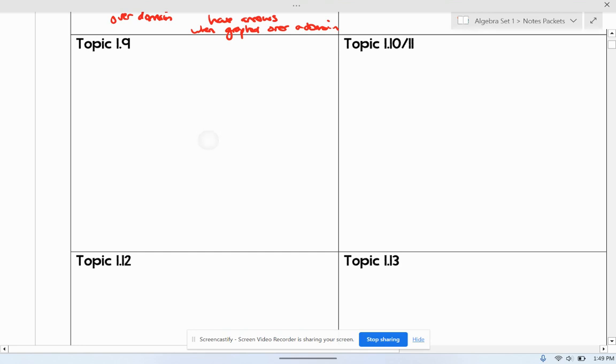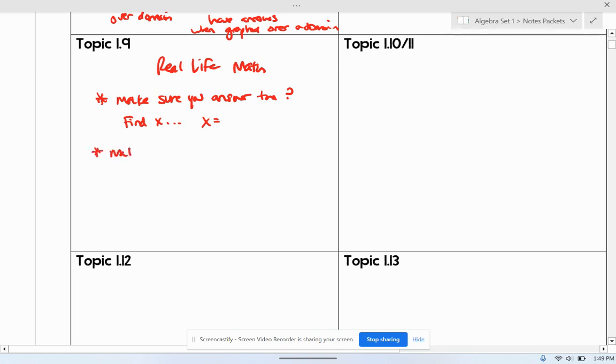Topic 1.9 was real life math. That was connecting our mathematical models to real life. Big takeaways from that day: you need to make sure you answer the question. If the question asks you to find x, your answer better look like x equals. Make sure to provide math evidence. Restate the question when you're writing your answers.